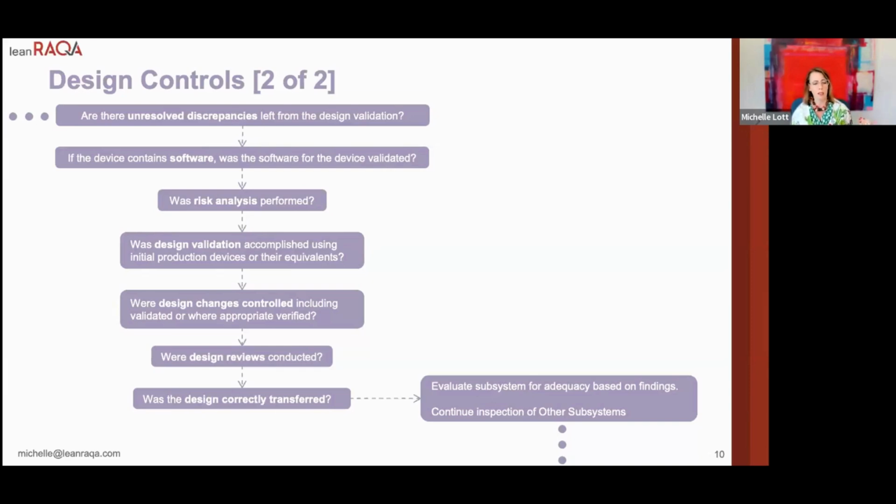So personally, whatever they may come up with in terms of what they finally adopt for QMSR, every time I do an audit personally, I will be going through at least this mental process here, because I feel like it adds so much value compared to other audits.